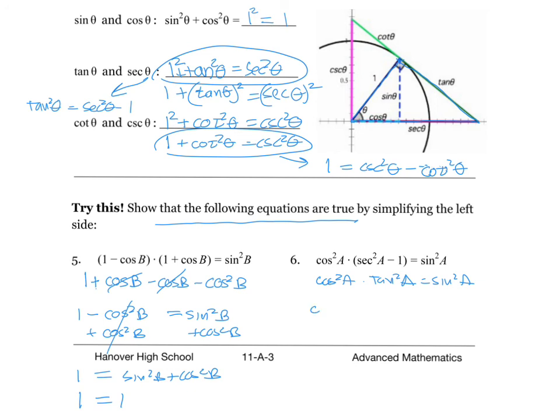So this becomes cosine squared a times sine squared a over cosine squared a, because we're just squaring numerator and denominator. Now, cosine squared over cosine squared, those cancel. And I'm left with sine squared a on the left and sine squared a on the right. It works.